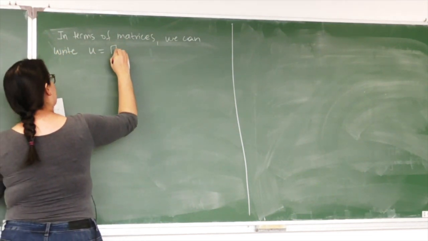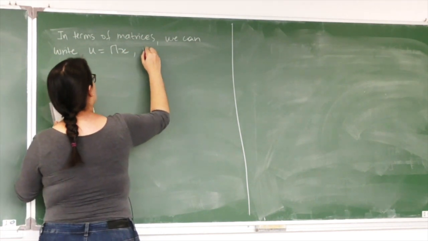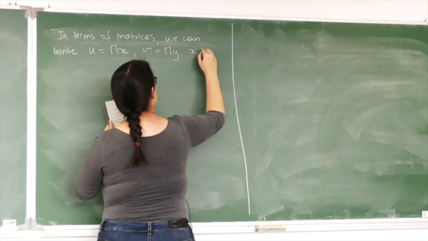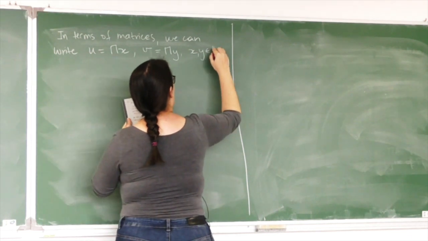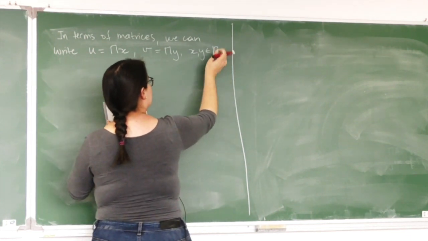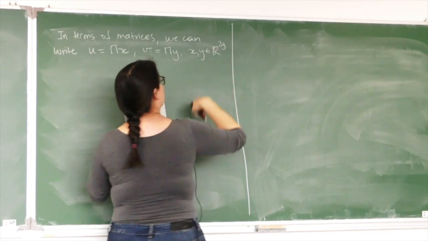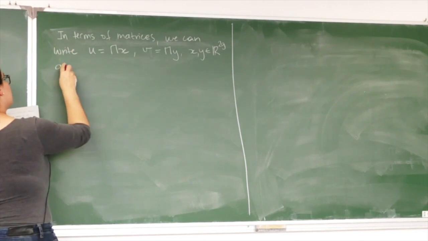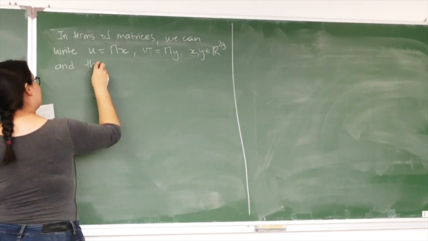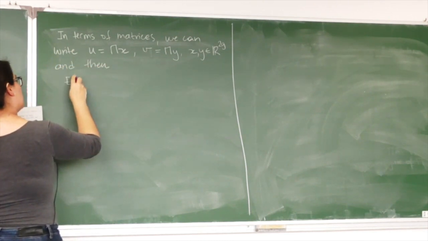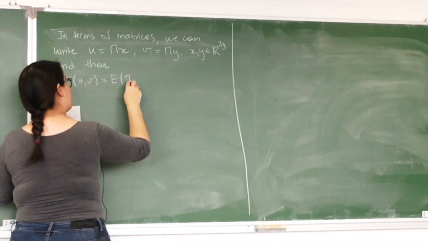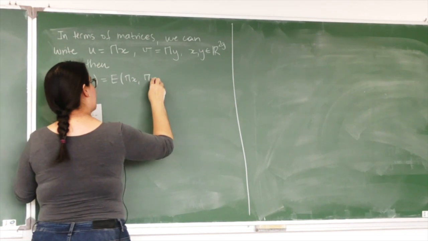u equal pi of x, v equal pi of y, where x, y are vectors with real entries of length 2g. And then E of u, v is equal to E of pi x, pi y.